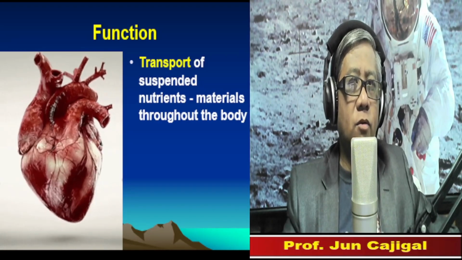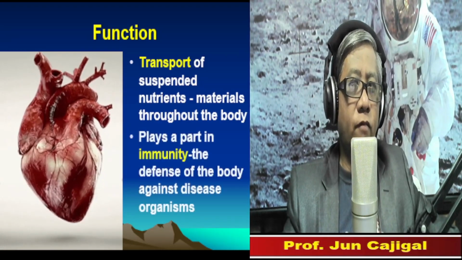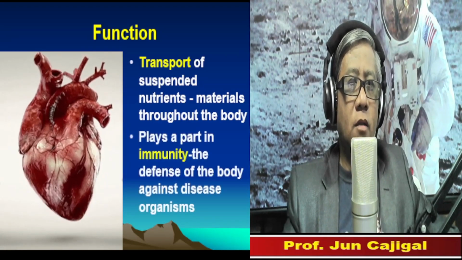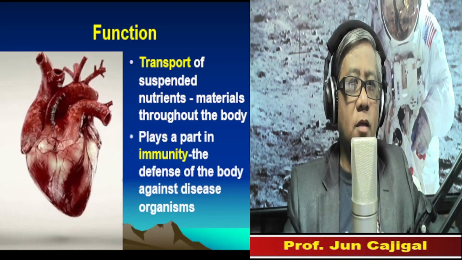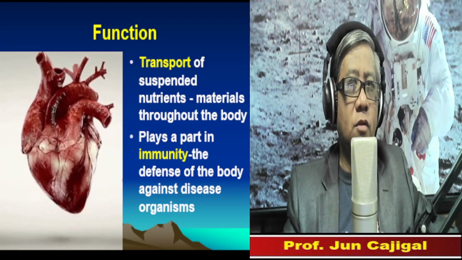And our circulatory system plays a very important role in the maintenance of our immunity. Now, when we say immunity, this refers to the defense of the body against disease organisms. So those are the functions of our circulatory system.